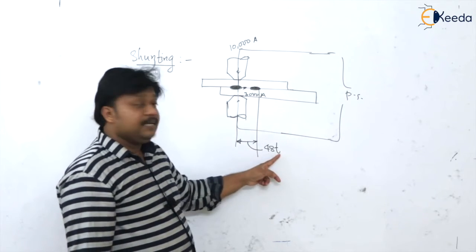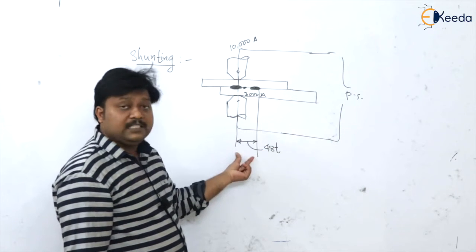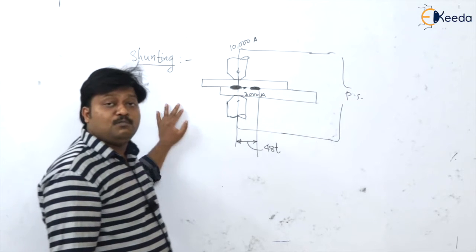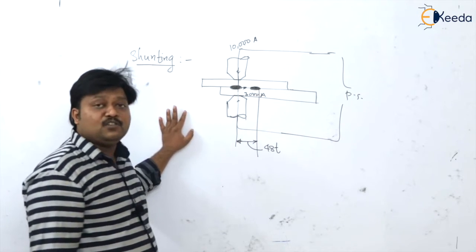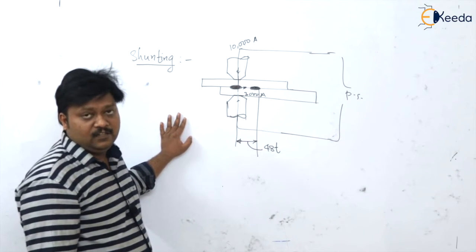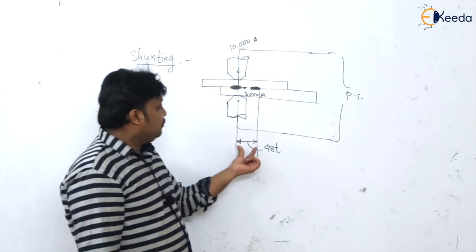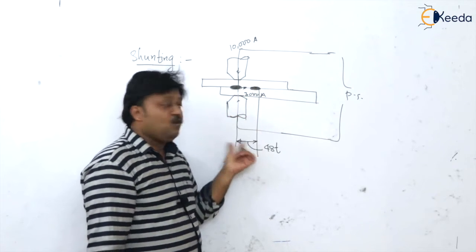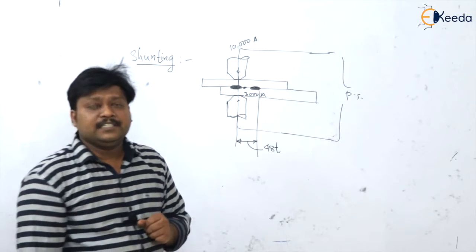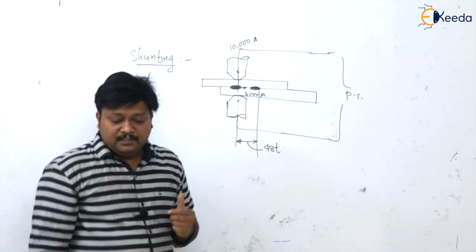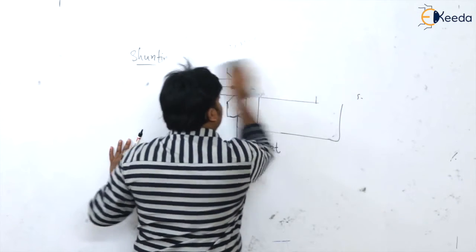So 48 times T is the spacing between the two spots. Then only can we eliminate the shunting of current. So please remember, the minimum distance between the two spots should be 48 times T.